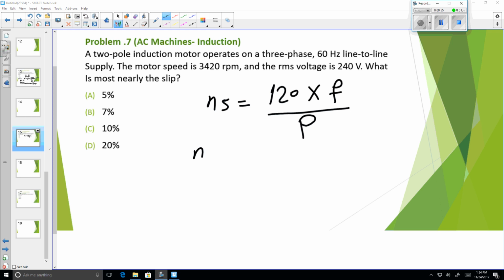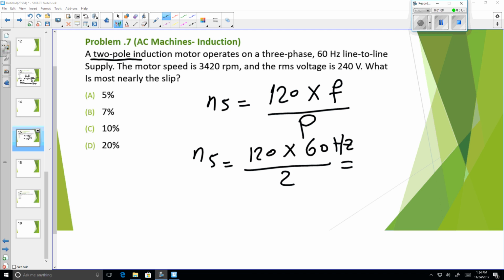So in this case, N is equal to 120 times the applied frequency of 60 Hertz, divided by the number of poles, which is 2. That will give us 3,600 RPM. That means the rotating magnetic field produced in the stator winding rotates at 3,600 RPM.